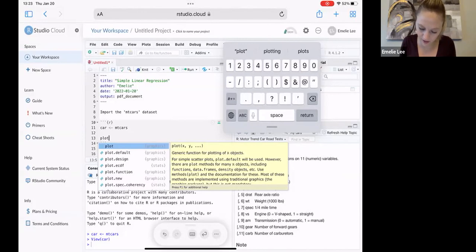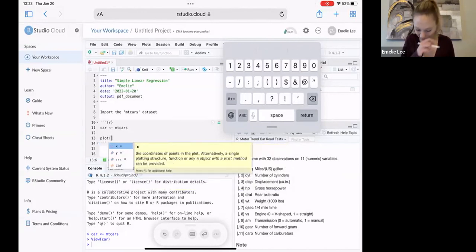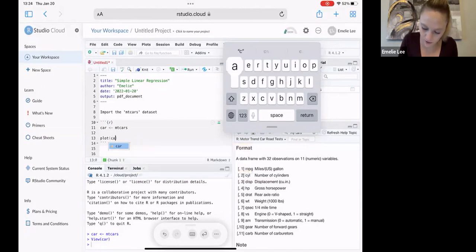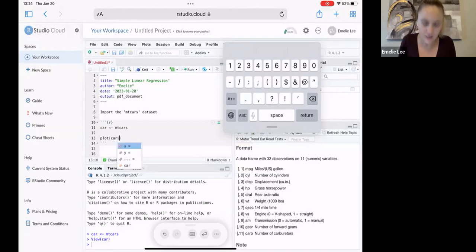So the plot of MPG. It likes x equals, y equals, but to make it match the linear model command, I'm going to use y tilde x. I should be able to say data equals car, or mtcars if you don't want to save it as an object. But I'm going to go old school here and say car$MPG. This is really old school, but I just want it to work.